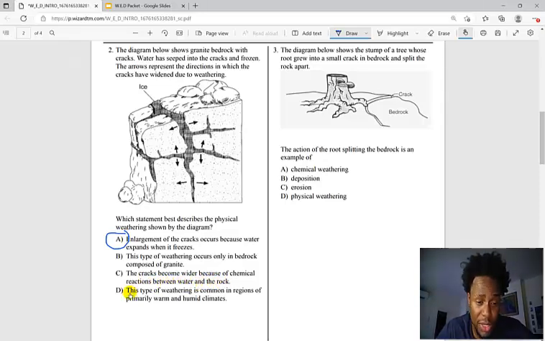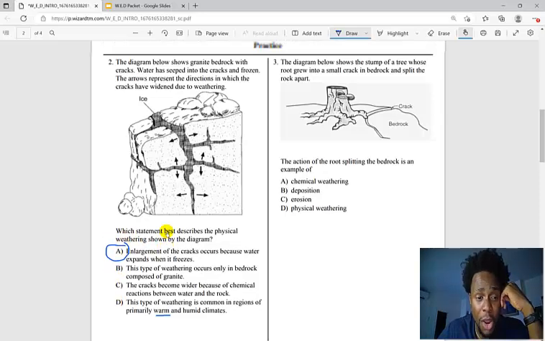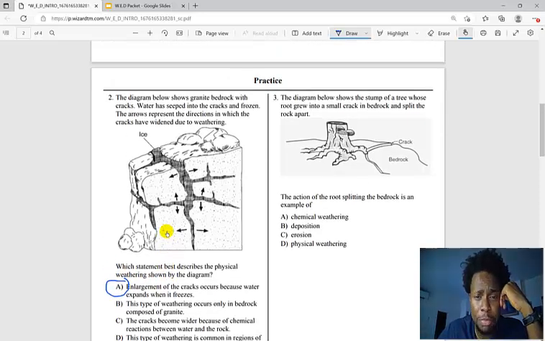No, there's no chemical reaction here. Option D, this type of weathering is common in regions of primarily warm and humid climate. If it's a warm climate, the water will not be frozen. So we actually need a frosty environment where temperatures are very low to freeze the water. So option D would be wrong as well. Our correct answer definitely is A.